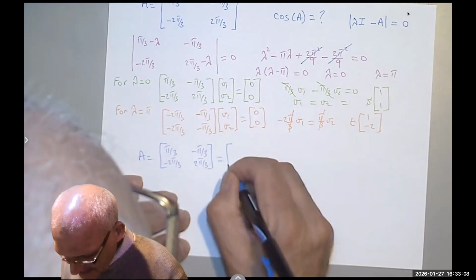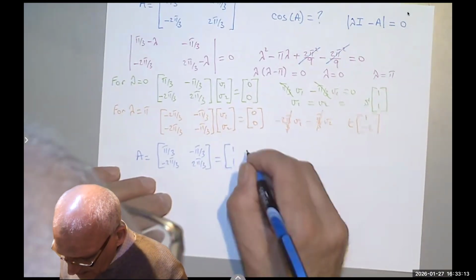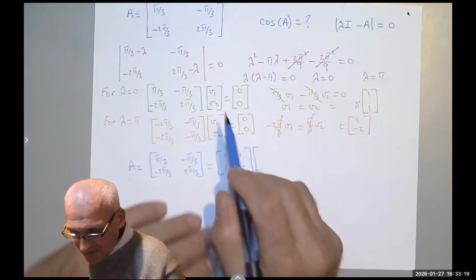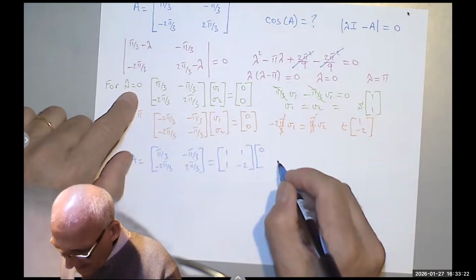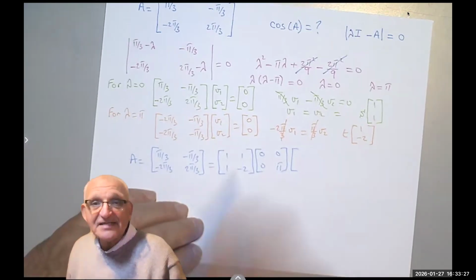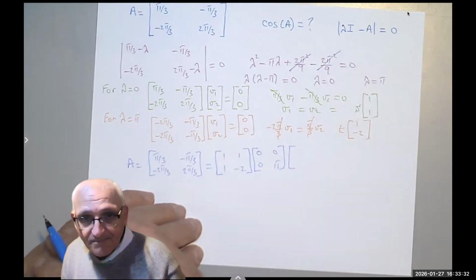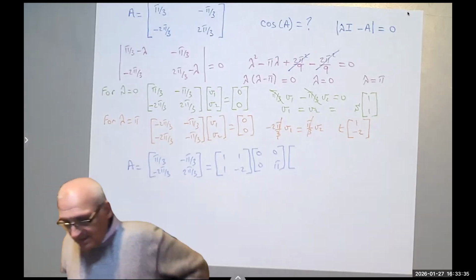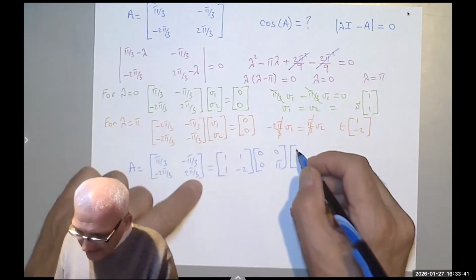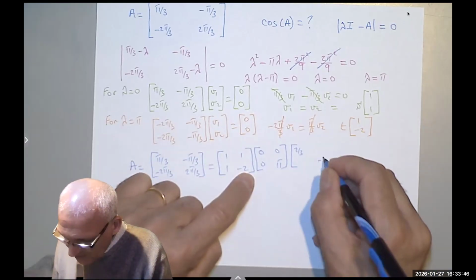That can be written as 1, 1, 1, negative 2 times the eigenvalues being on the main diagonal, 0, pi, and 0, 0, times the inverse of that matrix. That matrix has a determinant of negative 2 minus 1 is negative 3. So after I solve, I divide by negative 3. I switch these two together. So I get negative 2 over negative 3 is 2/3. And the 1 will go here, divided by negative 3 is negative 1/3.